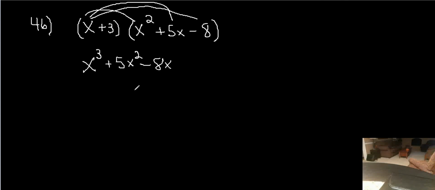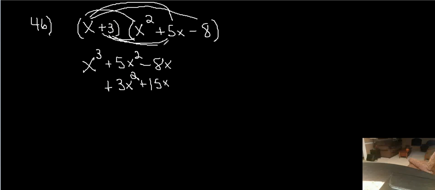X times negative 8 is negative 8x. And now I'm going to multiply the 3 going across. So it's 3 times x, that's 3x. Where shall I put it? 3 times x squared is going to be positive 3x squared. Then I've got 3 times 5x, which is positive 15x.